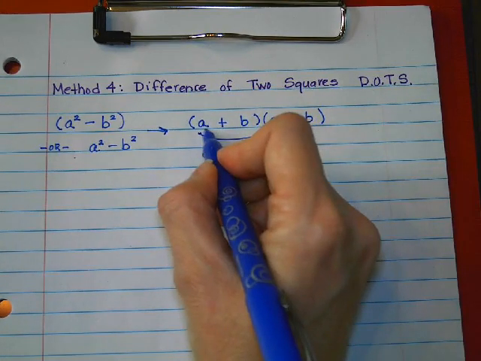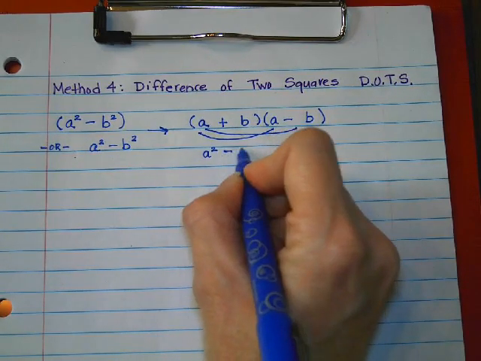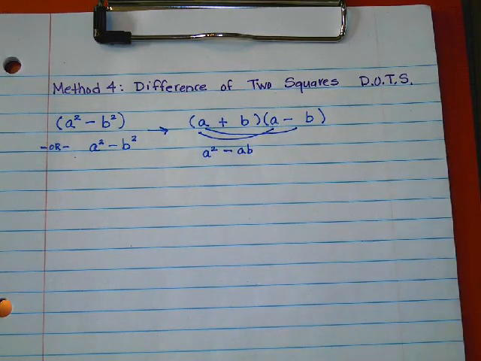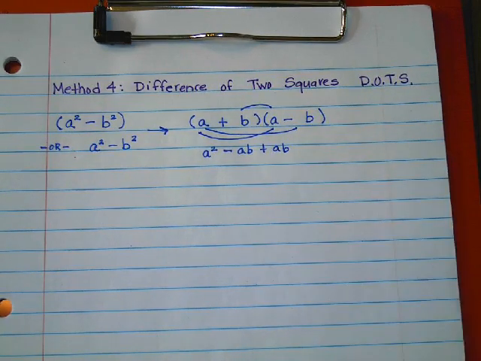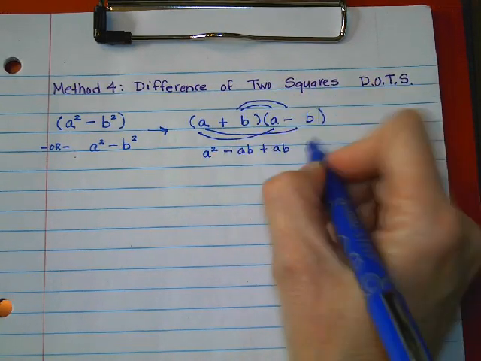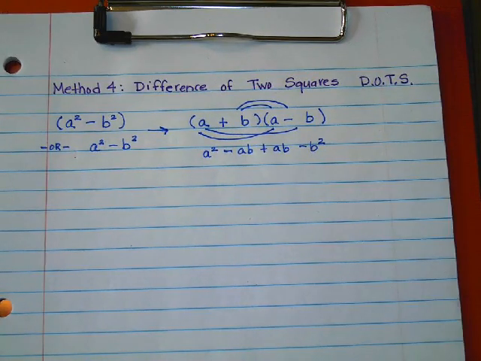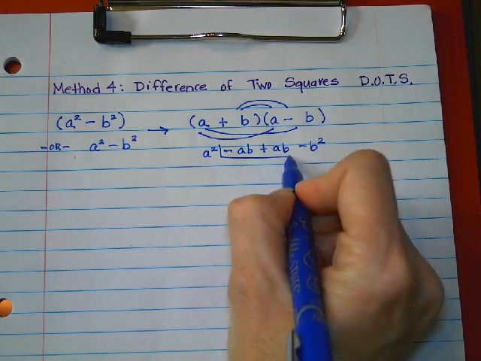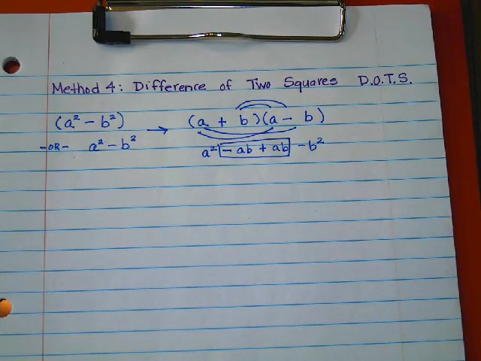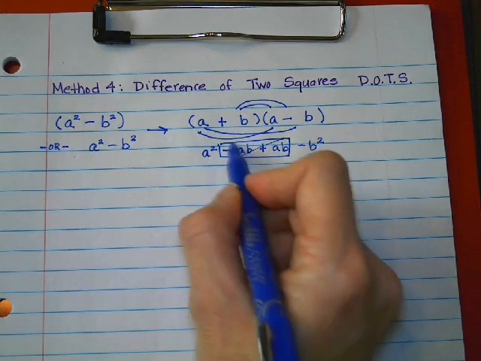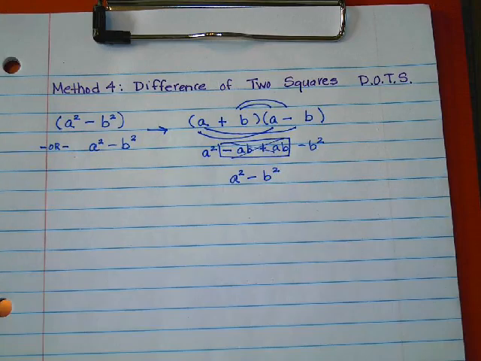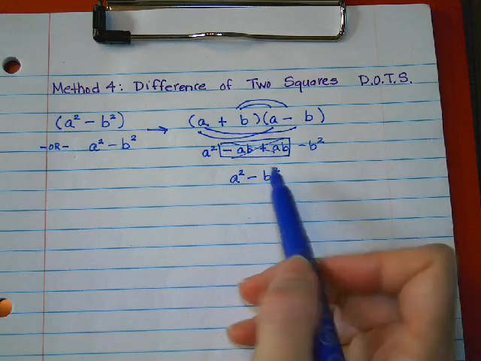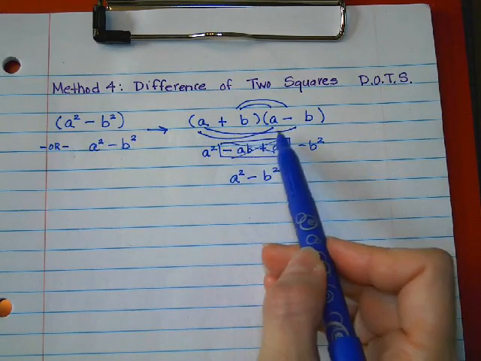If we multiply a times negative b, we get negative ab. If we multiply b times a, we get a positive ab, because I'm listing them alphabetically. And then b times negative b is negative b squared. Notice in the middle that our negative ab plus a positive ab cancel each other out, leaving you with just a squared minus b squared. That's the reason why, when we factor a squared minus b squared, the difference of two squares, it is a plus b and a minus b.